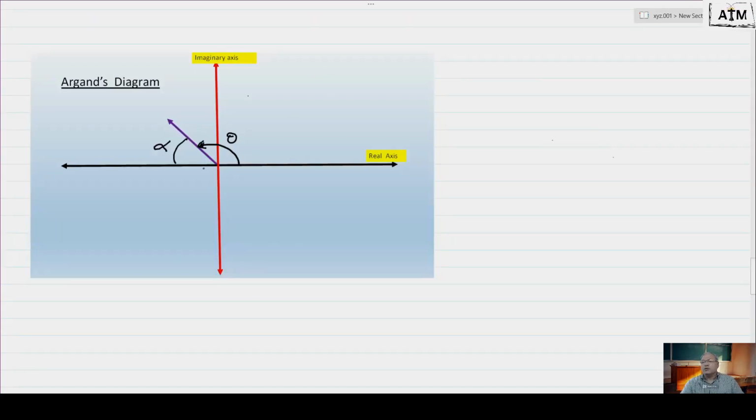Now, for case number 2, the ray OP lies in the second quadrant. Let Z equals a plus ib be the given complex number for the ray rotated through an angle theta in the positive direction of the x-axis. From the diagram, alpha plus theta equals pi.